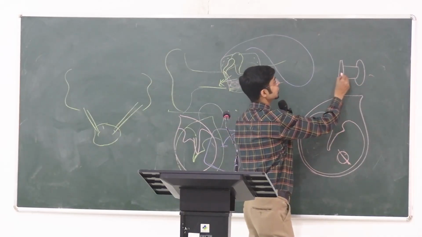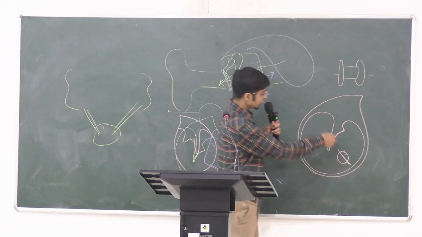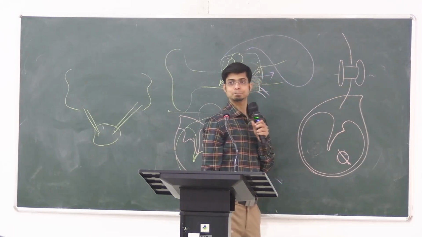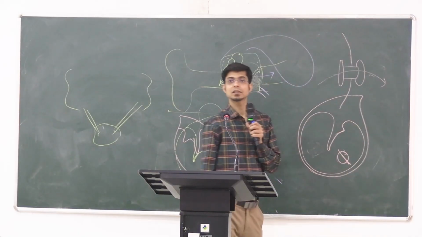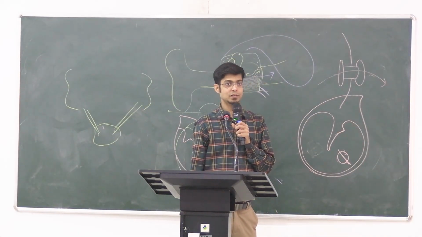Both the sides are open. And through it, we put it like the tympanic membrane is like this. So we create a connection so that there can be a communication with the outer ear.